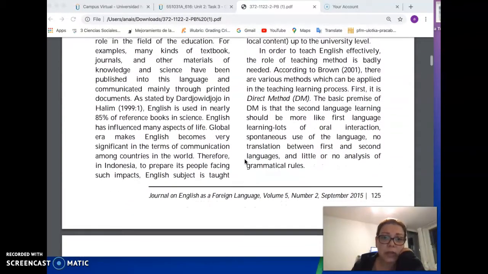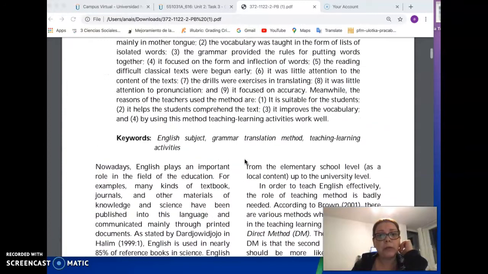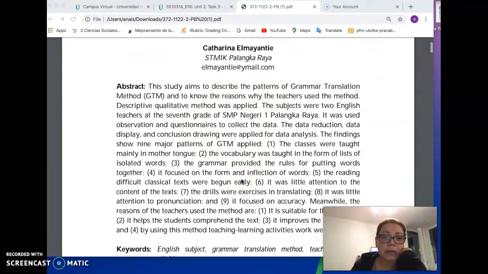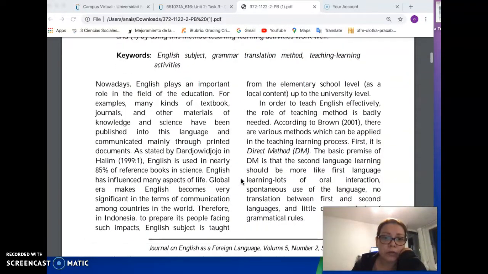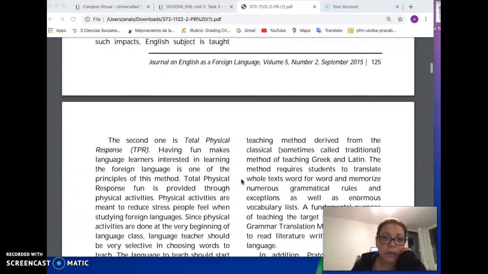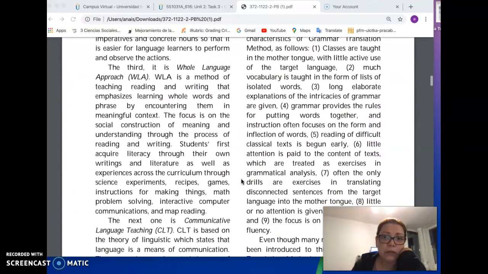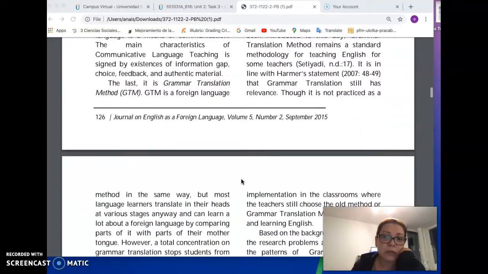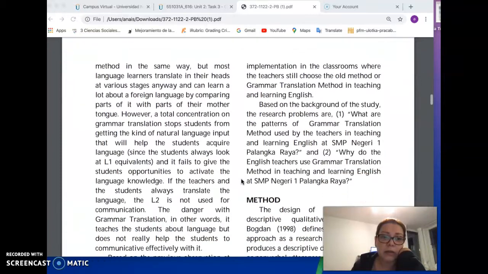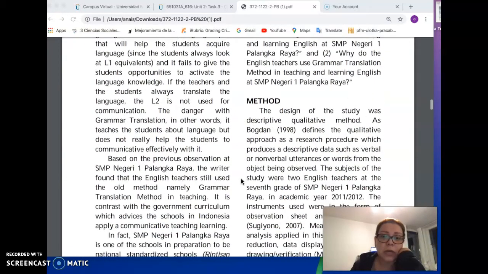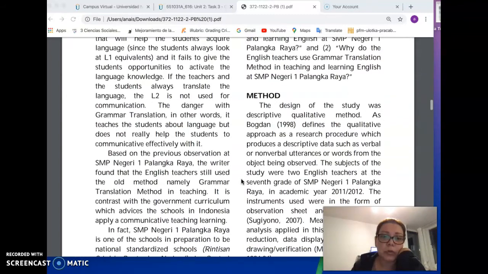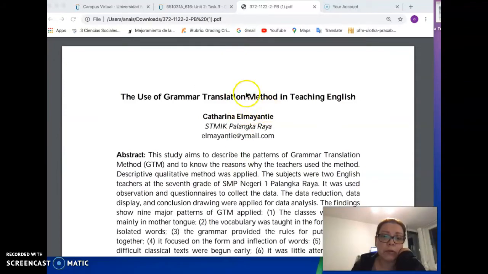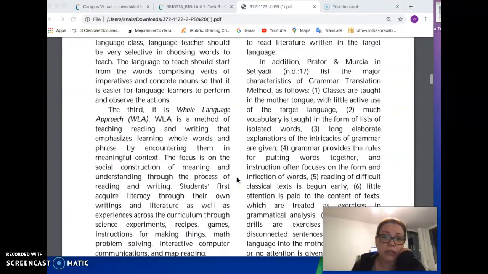It mentions that when they were going to do this study, they decided to first observe two teachers. After observing the teachers, they interviewed them, asking them why they decided to use this type of grammar translation method for their teaching.